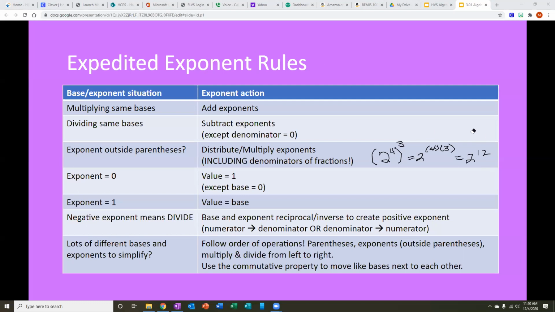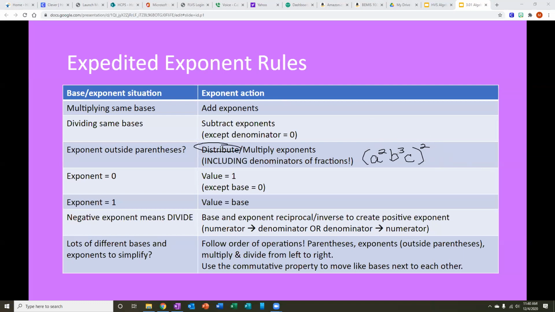But where people start getting really confused is when it starts having things like this. So let's say we have this. Well, then people start freaking out because they're like, oh my gosh, there's so many numbers. So this is when it turns into the distributive property.